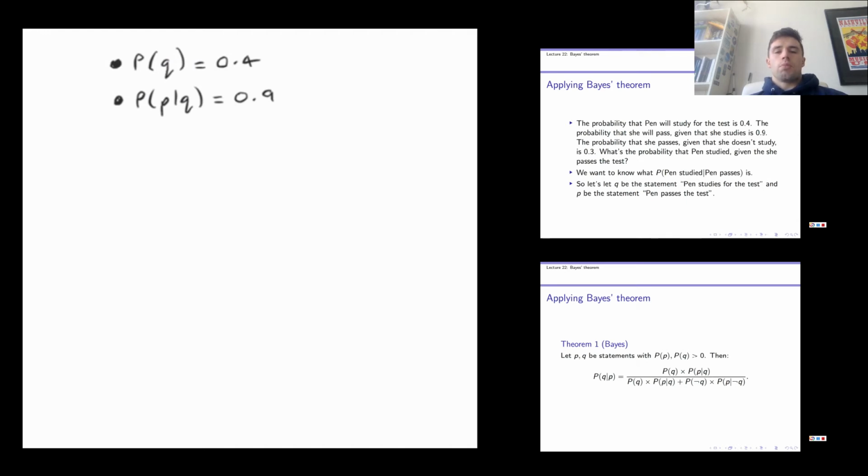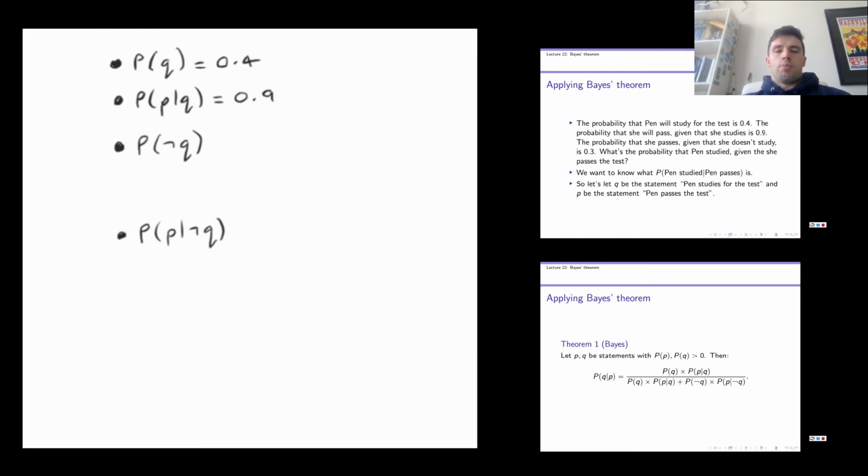Again, all of these probabilities are contained in the problem, so we know that P of Pen studies is 0.4 and P of Pen passes given that she studies is 0.9. So we can calculate that first part of the sum in the denominator. The last thing we need is P of not Q and P of P given not Q, which is where we do a tiny bit of work.